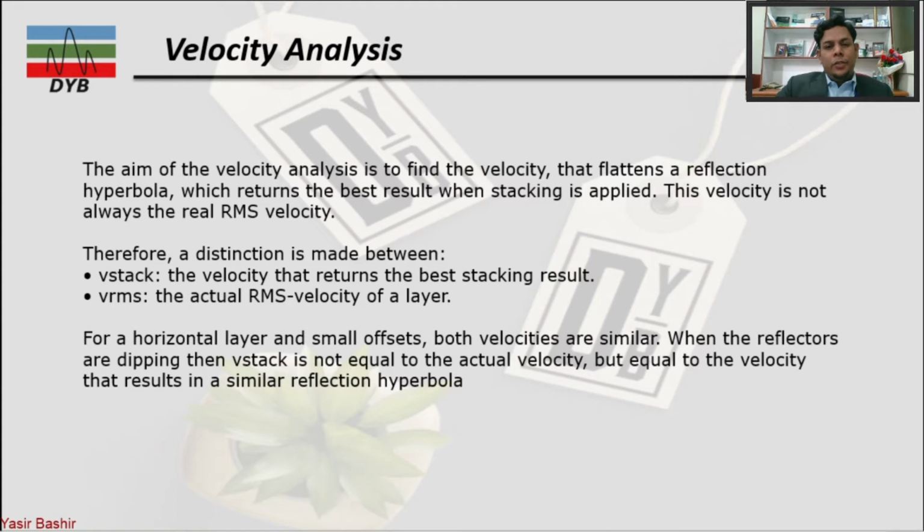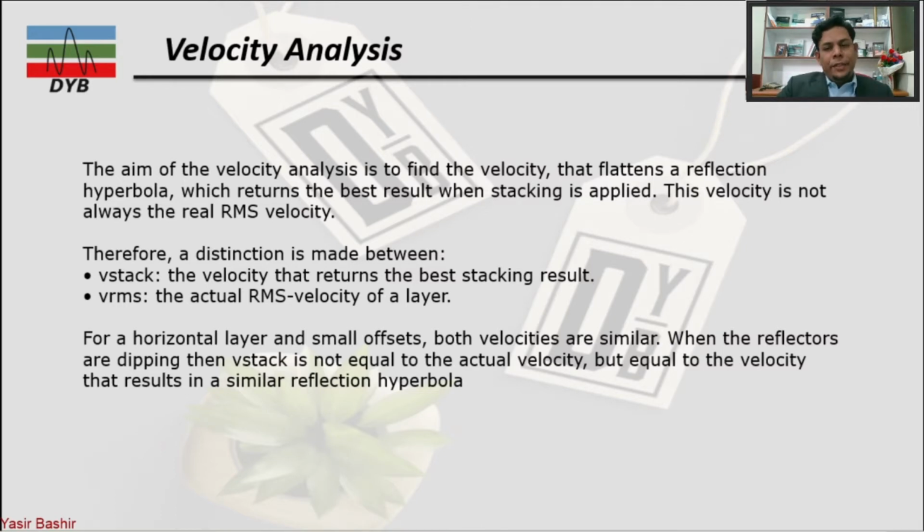The velocity is always used as the real RMS velocity. Therefore, a distinction is made: the stacking velocity is called V stack, which is the velocity that returns the best stacking results. The other, V RMS, is the RMS velocity of the different layers.